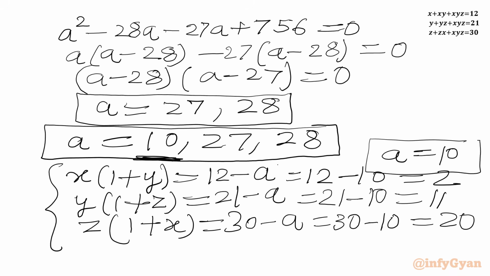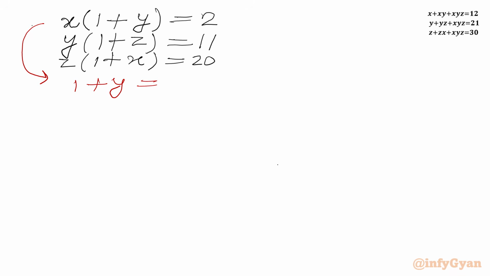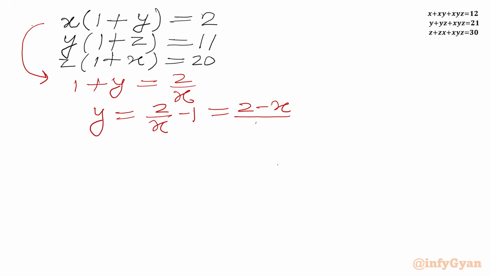Now I will write all the three equations over here. So from our first equation, I will write x times 1 plus y will be equal to 2. Subtract y from both sides, y will be equal to 2 over x minus 1, which will be equal to 2 minus x over x after taking LCM.